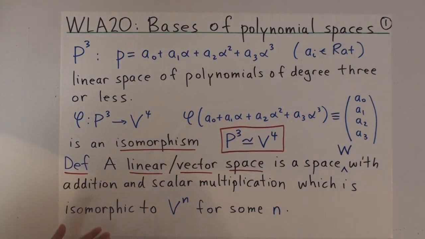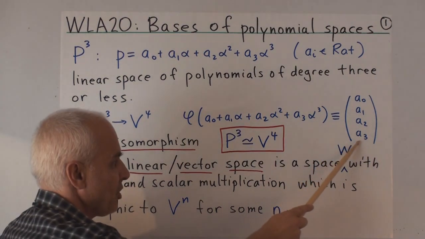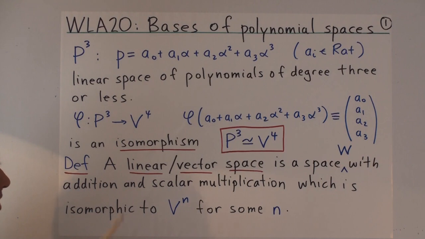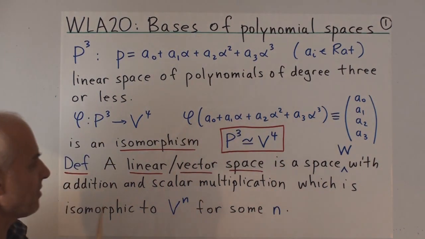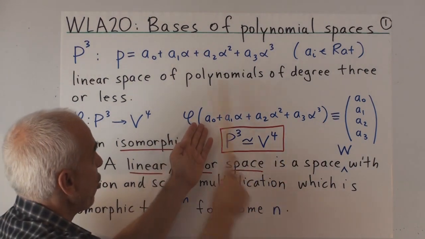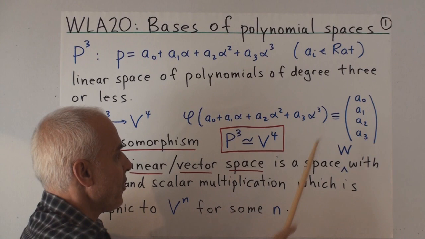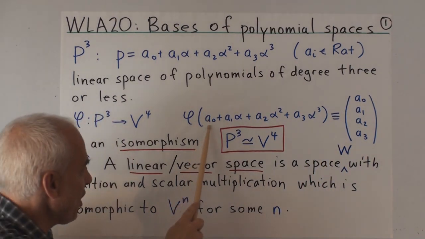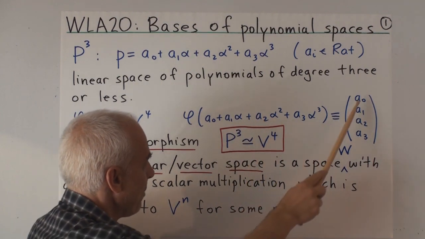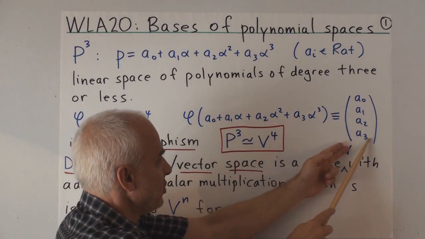And to establish the correspondence between this space of polynomials and this space of vectors, we think about this particular map or function, phi, which takes a polynomial like this one here and assigns to it the coefficients arranged in a vector. So we just read off the 4 coefficients, put them in a vector that takes us from a polynomial to a vector.